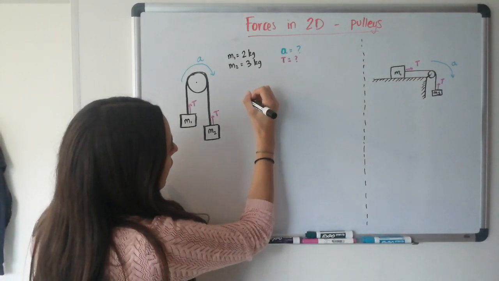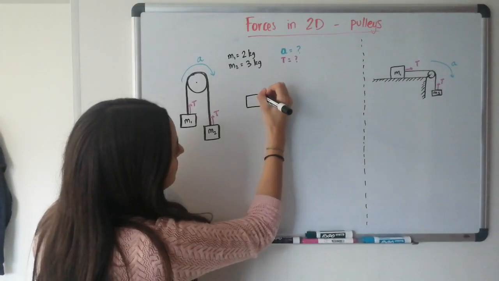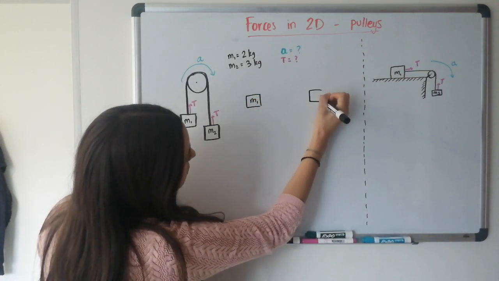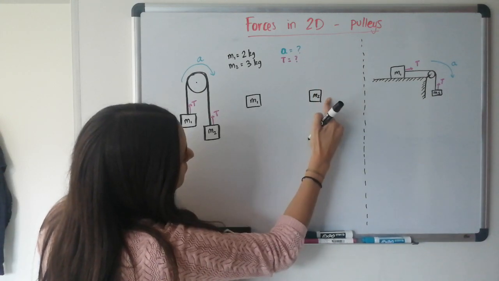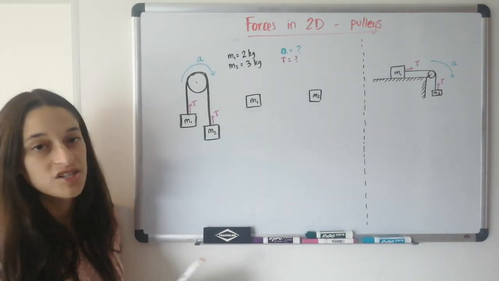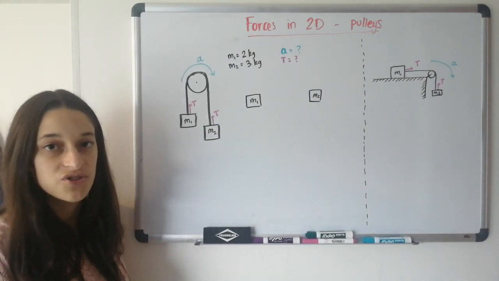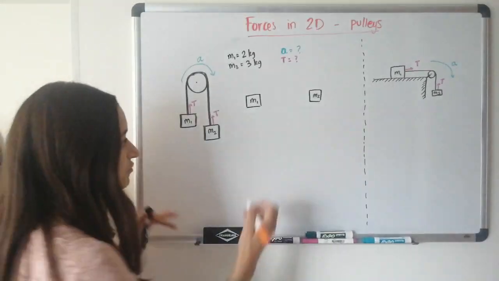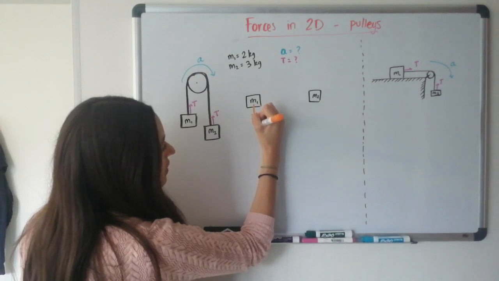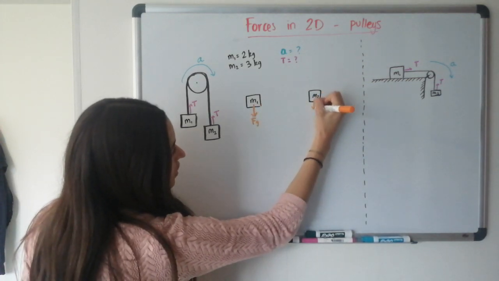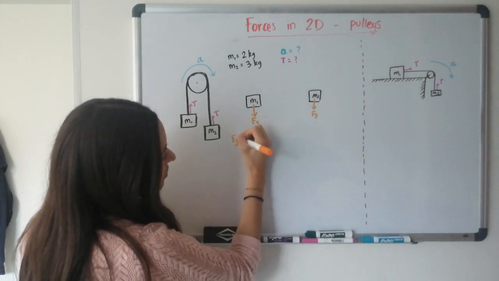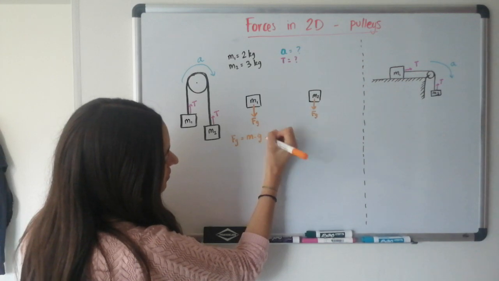So let's draw our free body diagrams. I'm going to draw here the one for mass 1, and here the one for mass 2. As always, we start with the force that affects every single object in the universe, no matter where it is or what it is doing, which is the force of gravity, or weight. So we have downwards the force of gravity, and that's for both. We know that the force of gravity is given by mass times g.